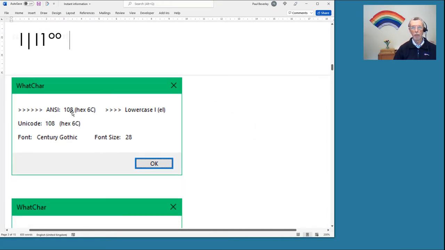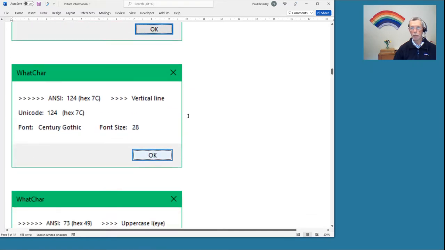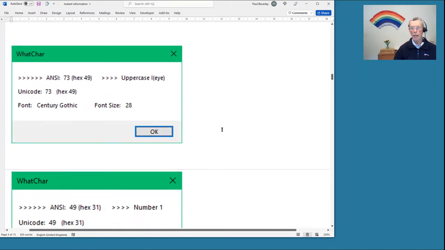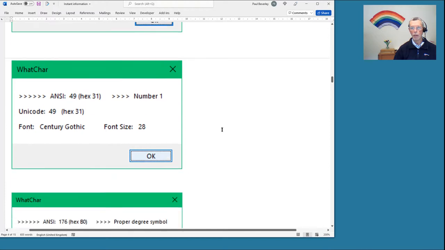Okay, so the first one was a lowercase l. The second one was a vertical line or vertical bar, as we use in Fredit. The third one was an uppercase I. Then we had a number 1.